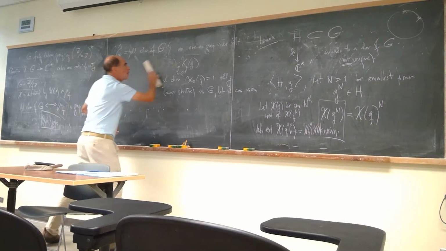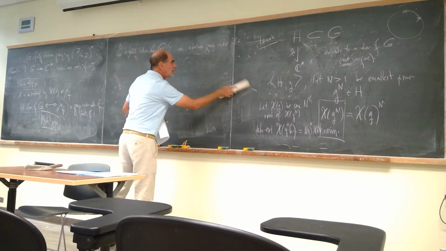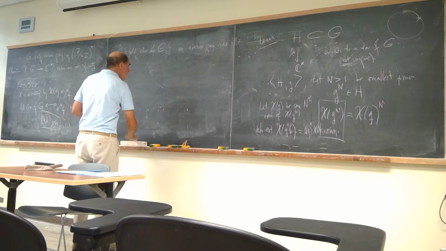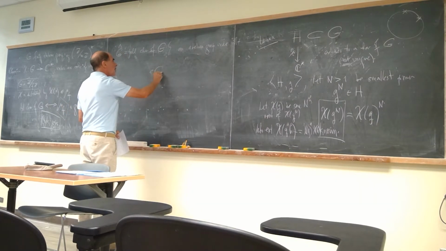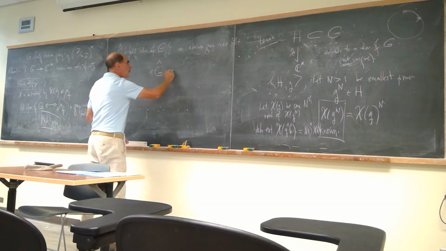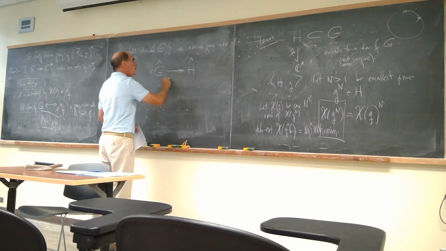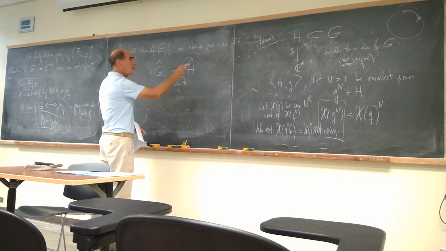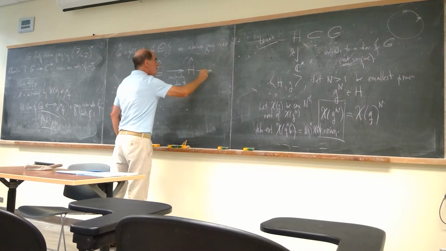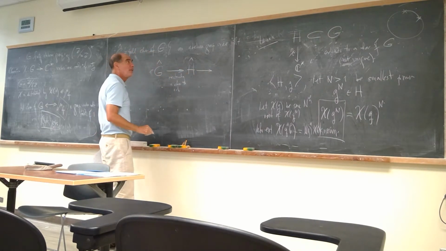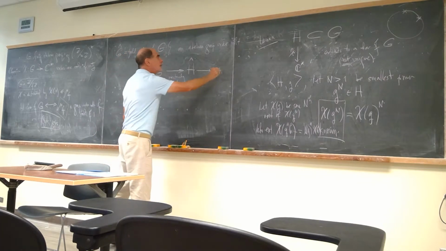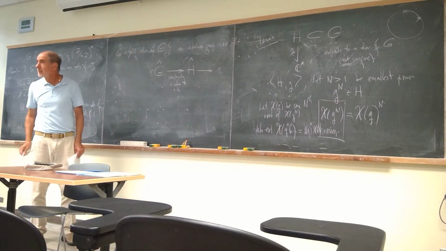So if you think about what we're doing here in terms of this character group, we're saying that there's a map from the character group of G to the character group of H by restriction, restricting the character to the subgroup. And this little lemma shows that that map, which is a homomorphism of groups, is surjective, right?